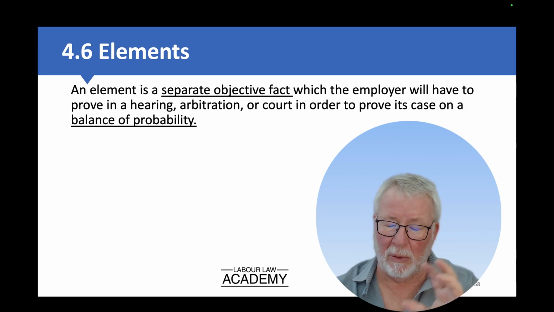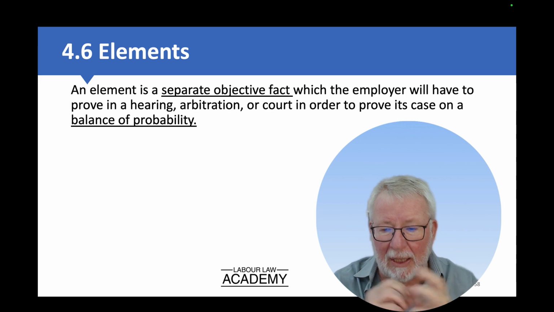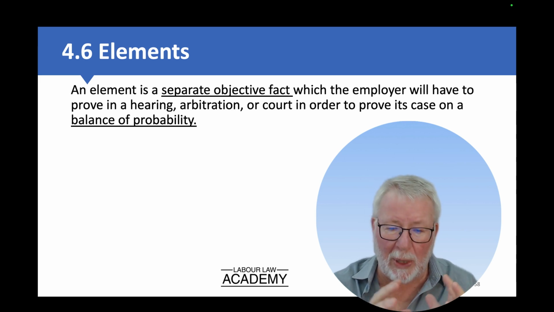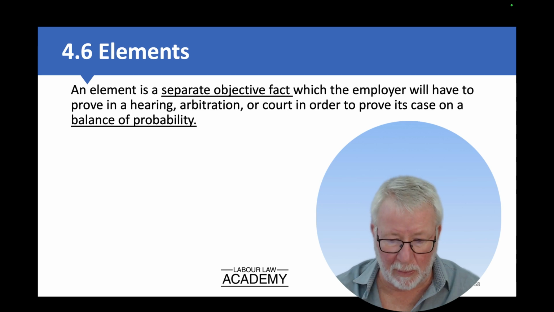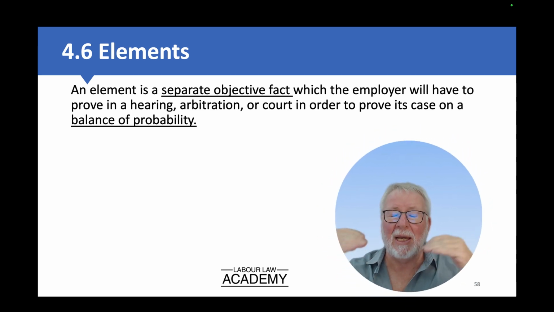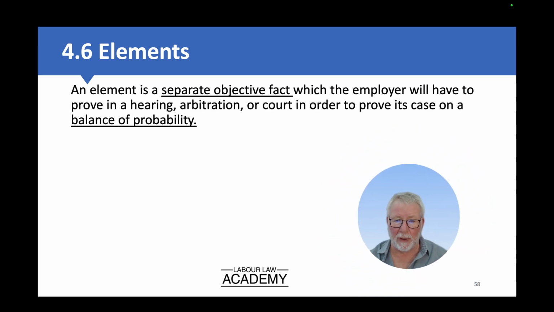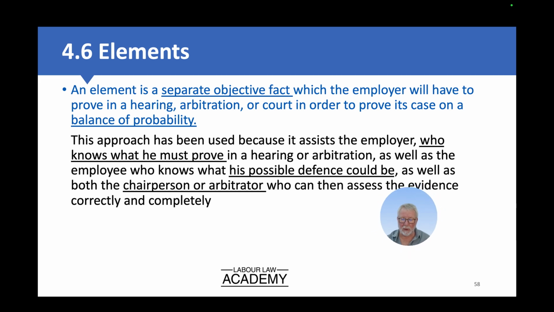Sometimes employees have to prove as well, but it's a fact that has to be proved by one or other of the parties, and has to be proved on a balance of probability. So there's a standard that elements have to reach.